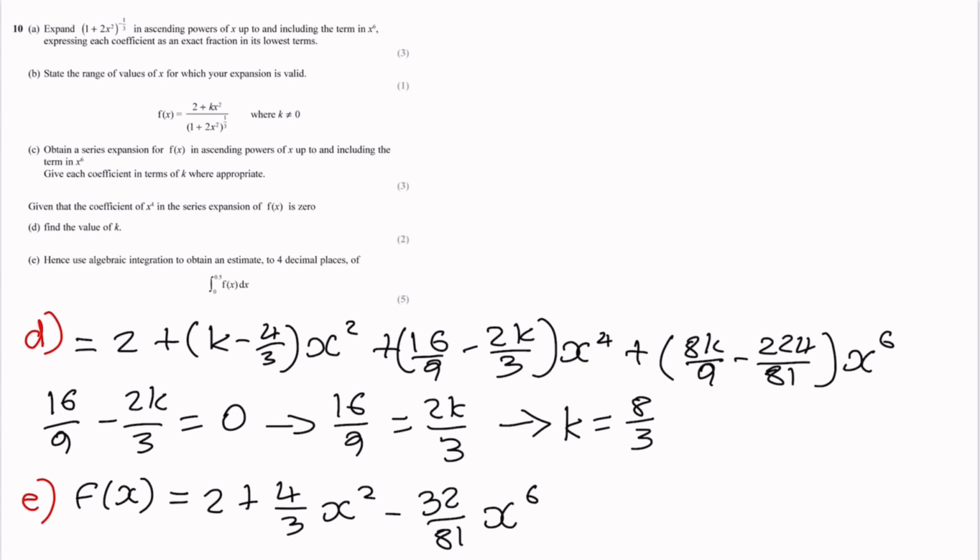So substituting in k, that is what f of x equals. So now if I continue up here, I need to integrate between 0 and 0.5 my f of x, which is 2 plus 4/3 x squared minus 32 over 81 x to the power of 6.